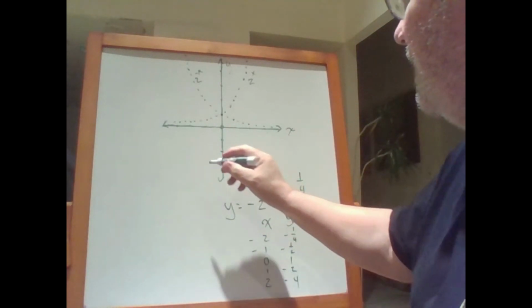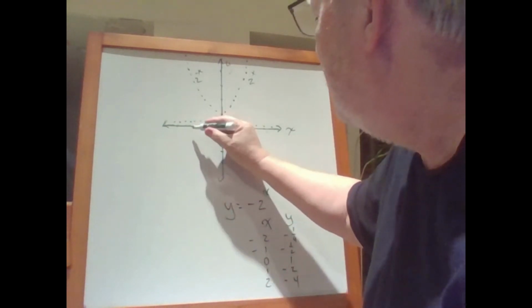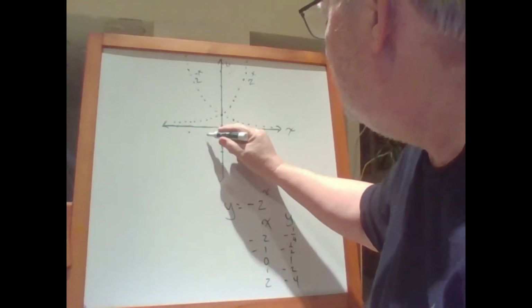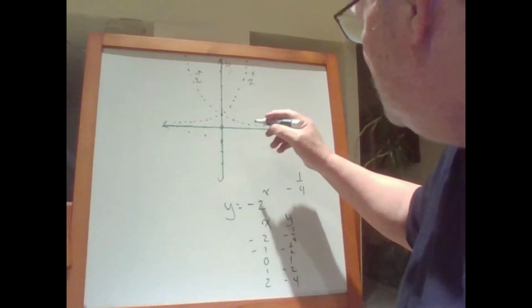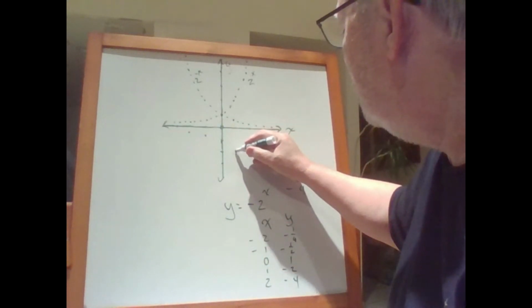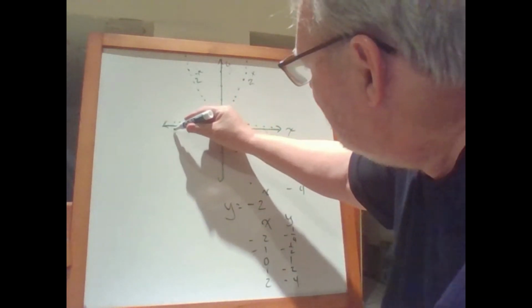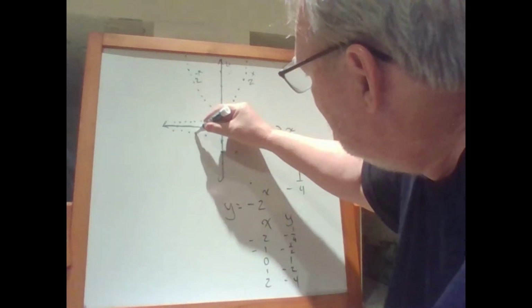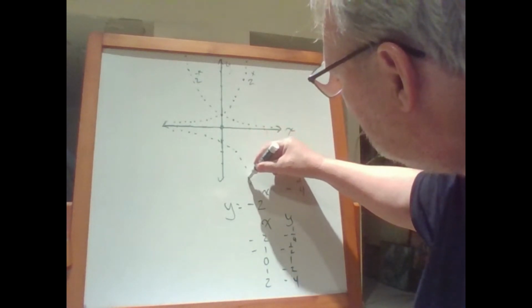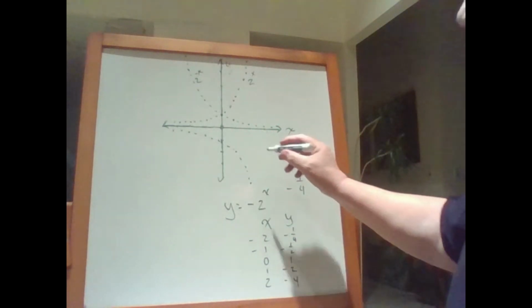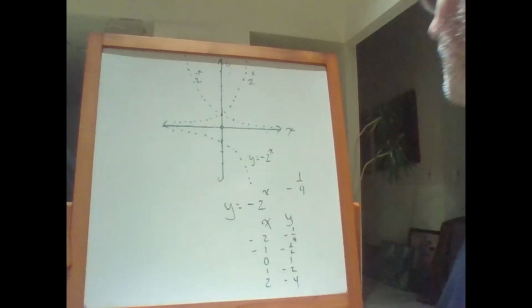So we have minus a quarter, minus a half, minus 1, minus 2, minus 4, and we see that it goes like that, and that's y equals minus 2 to the x.